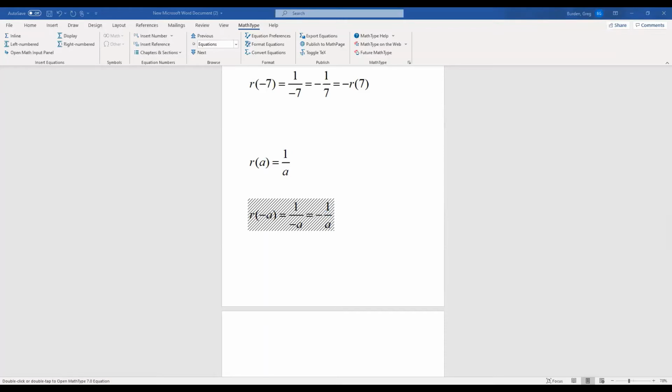Anyway, what I've shown here is that for any input A, not just 7, but whatever you're looking at, R of the opposite of A is equal to the opposite of R of A, and that's what's meant by the term odd function. So I just proved, more or less, that the reciprocal function is an odd function.